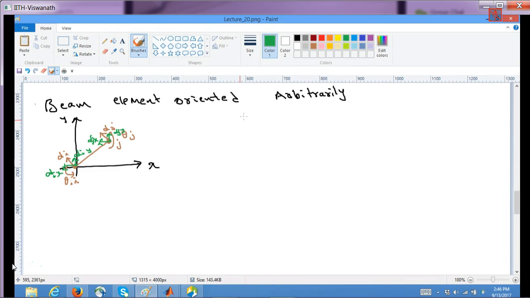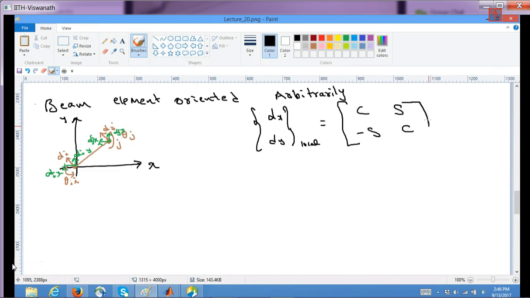As we also studied in our bar sections on arbitrary rotations, we can show that dx dy in the local coordinate system equals cos sine minus sine cosine times dx dy measured in the global coordinate system.